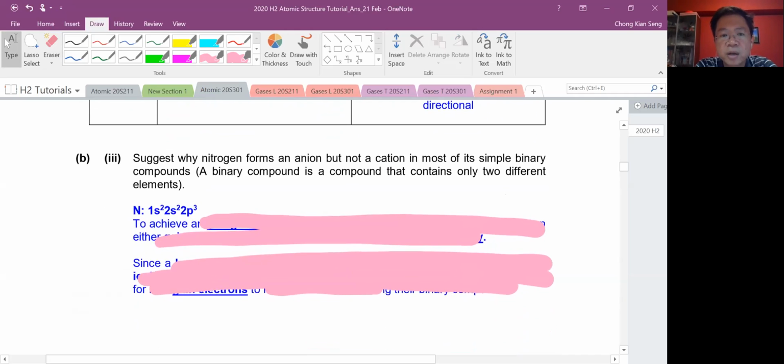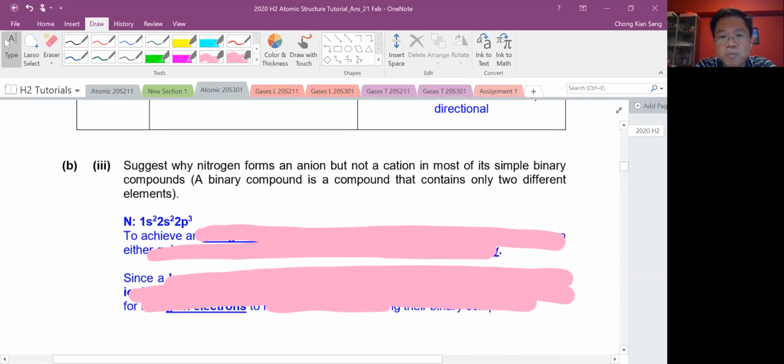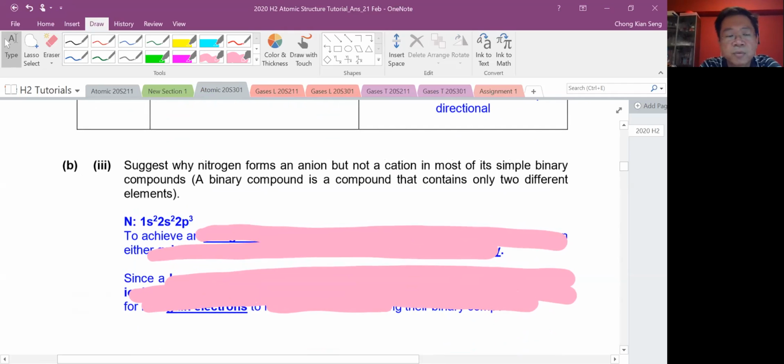Okay, suggest why nitrogen forms an anion but not a cation. Remember, taking in electrons to form an anion or giving out electrons to form a cation, both require energy. So now it's a balance of which one is more energetically favorable.